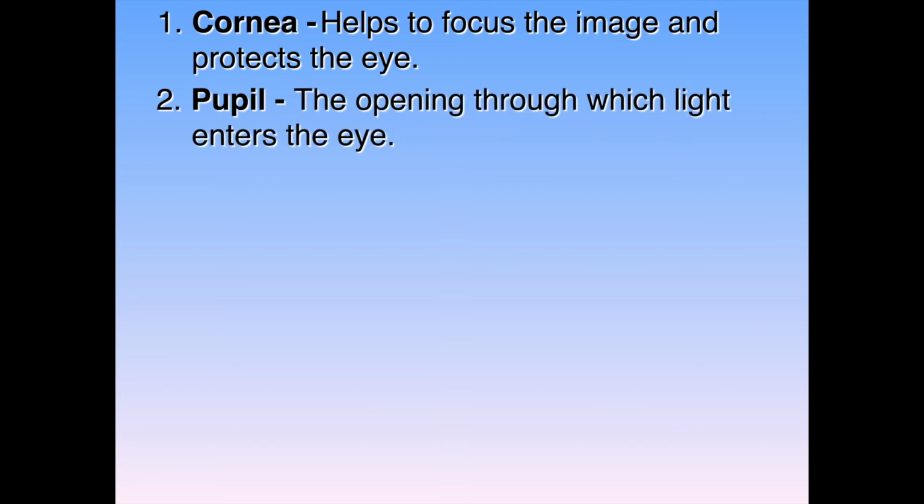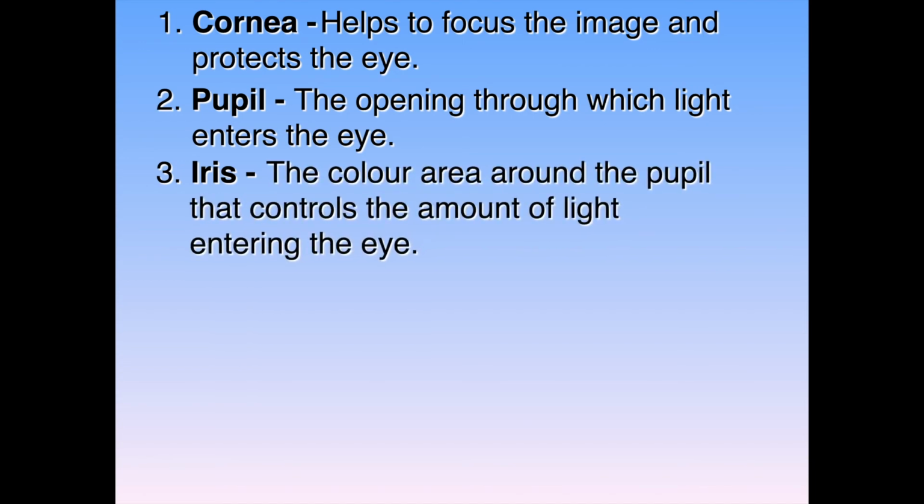Well, it lets light move into the eye. It's where light enters into the eye. The third part is the iris, and that's the colored part that surrounds your eye. It allows the size of the pupil to change so that more light or less light can come in depending on what you need.